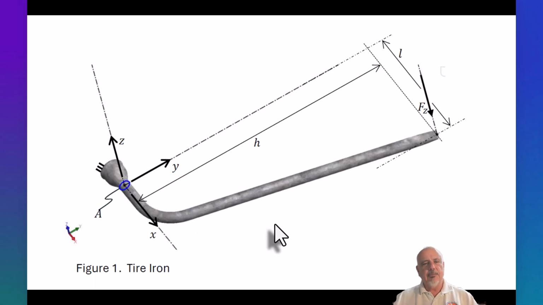Created the tire iron in SolidWorks. Thinking about creating a theoretical cut there. The X value is coming out of the nut. I've got X, Y, Z, fortunately a right-handed coordinate system. I've got an H moment arm for my torque, and then an L moment arm for my bending moment.